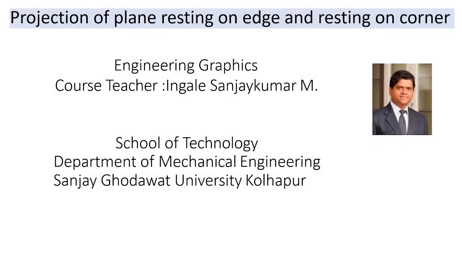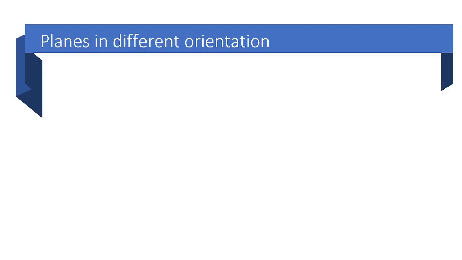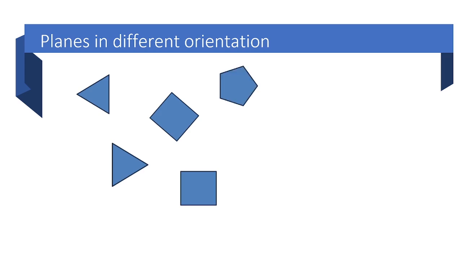Hello everyone. In this lecture, we are going to study the projection of a plane while resting on one of its edge or one of its corner. We have studied how to draw this plane using included angle method in our previous lecture.